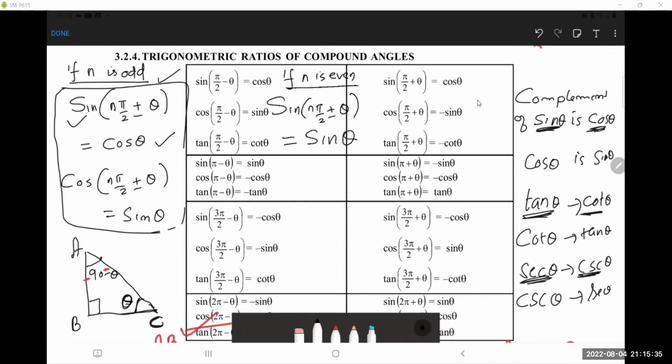No change. If n is odd, you have to take the complementary. If n is even, cos of n pi by 2 plus or minus theta will be cos theta. Tan of n pi by 2 plus or minus theta will be tan theta, etc.